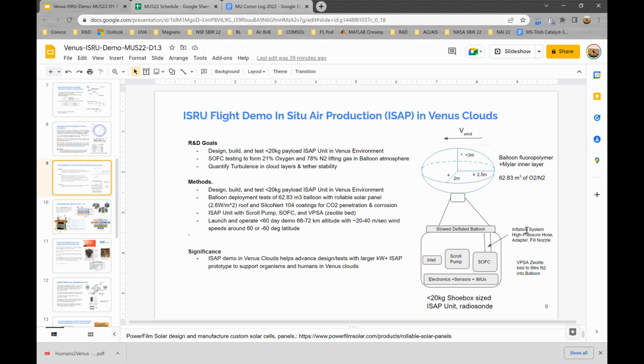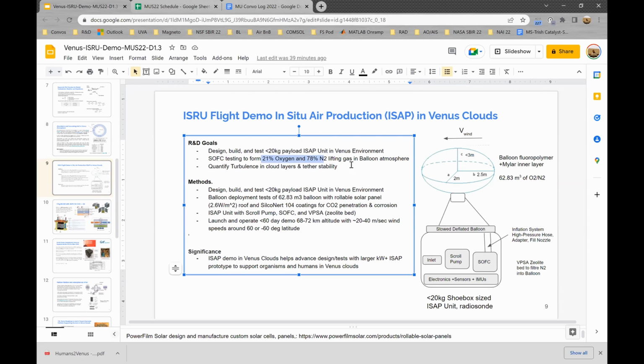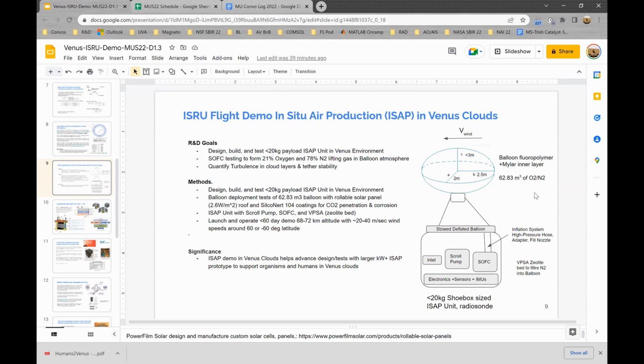And also we think an inflation system to help pump a habitable environment, 21% oxygen, 78% nitrogen, as lifting gas into the balloon here.